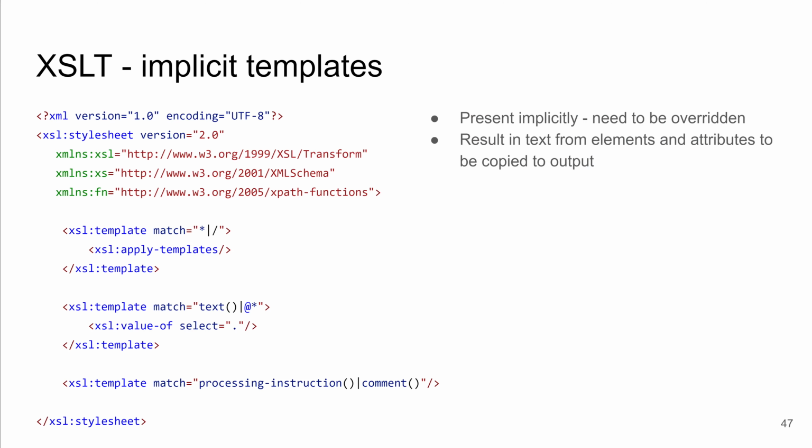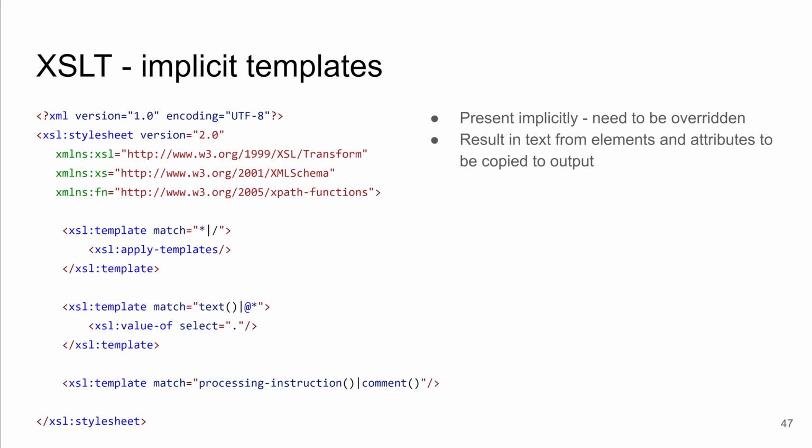So the first implicit template actually matches the root and all elements. So the XPath query in the match attribute is the asterisk, which matches all elements, or the pipe means or, and then the slash, which matches the root element. And all it does is that it applies other templates.